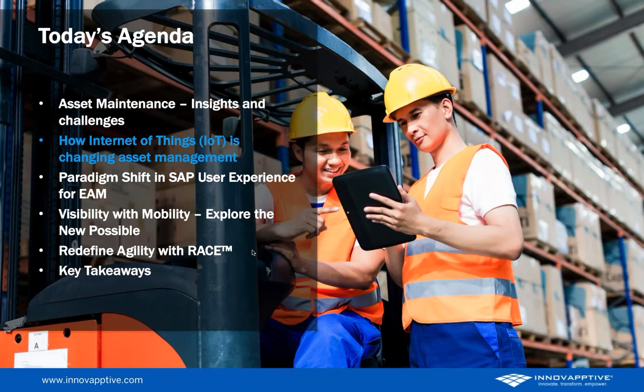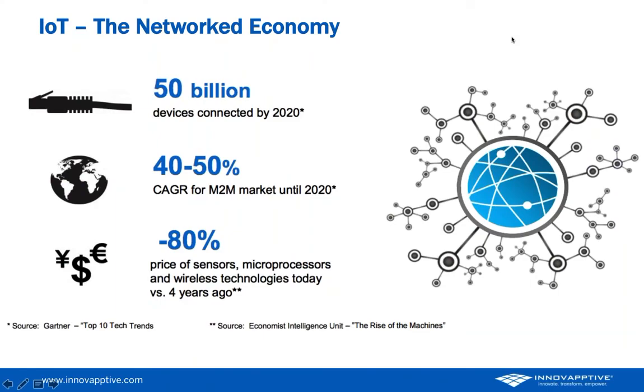I will jump into IoT briefly here. The next slide just shows something that all of us, again, have seen over and over, the number of connected devices. The number of connected devices continues to explode. The price of sensors and wireless technologies continues to drop.